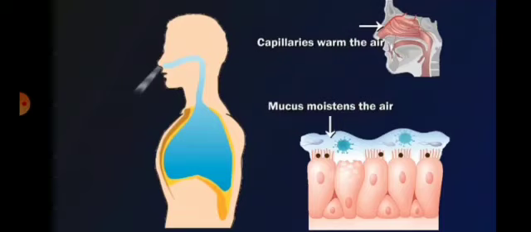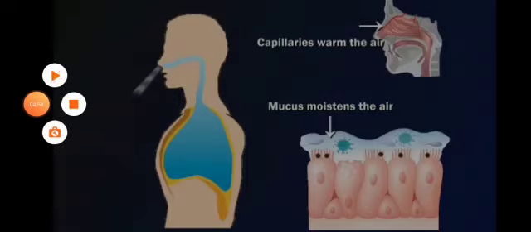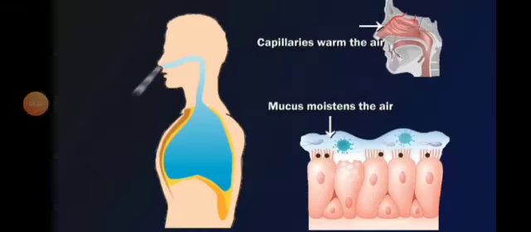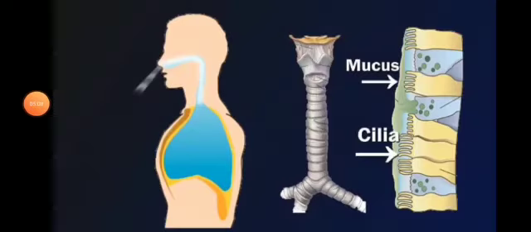So here two important functions are going on: mucus moistens the air and capillaries warm the incoming air. So children, in this manner air gets purified in this nasal chamber, and now air moves to the tracheal portion.